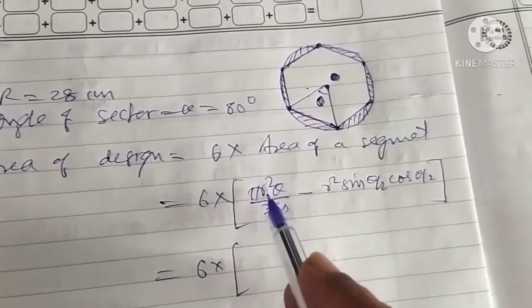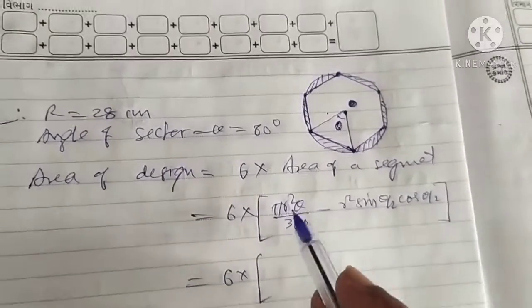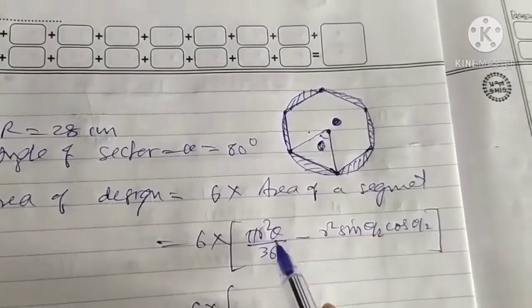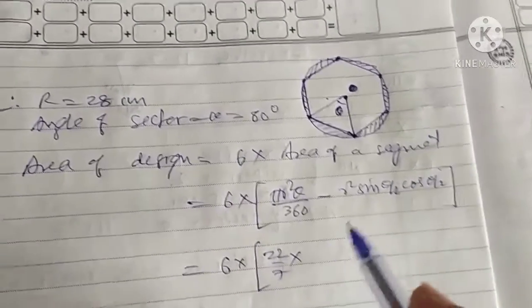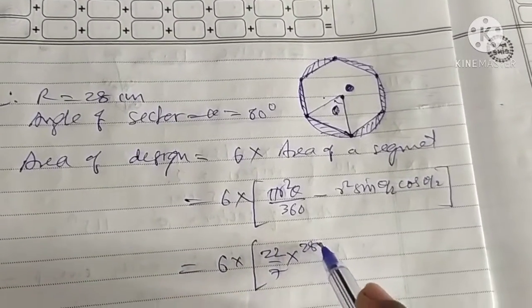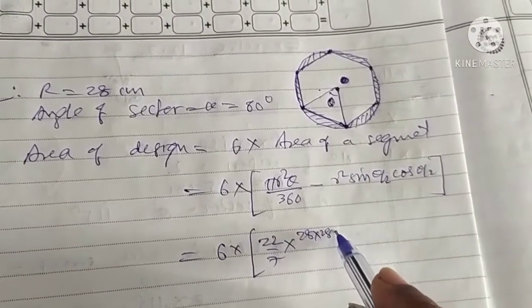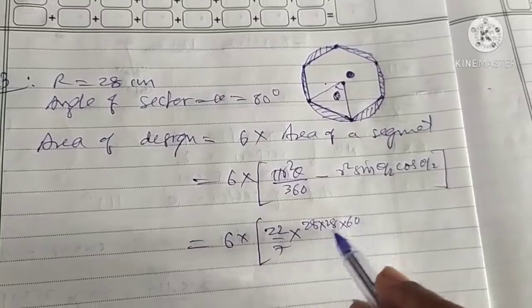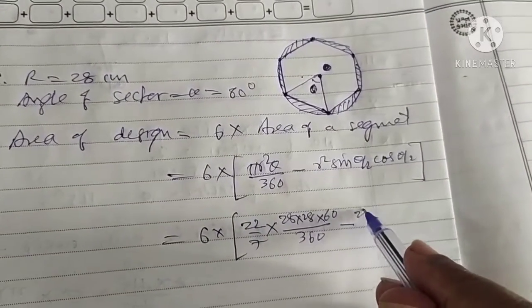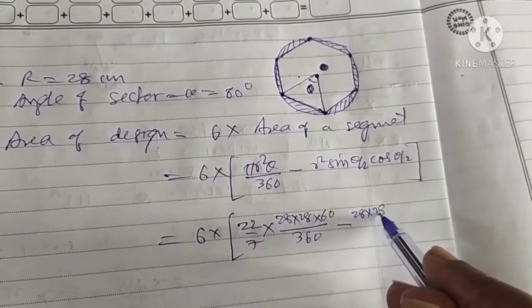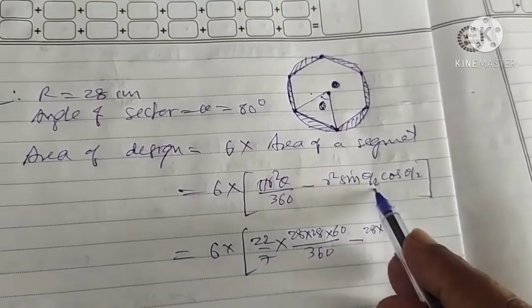Put value of pi. Value of pi is not given, so use 22 upon 7. You have to just put the value of theta, that is what? 60. So 22 upon 7, radius is how much? 28 multiplied by 28 multiplied by theta 60 divided by 360, minus r square, 28 multiplied by 28, sin theta by 2.